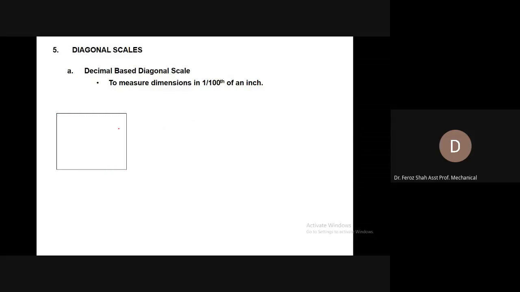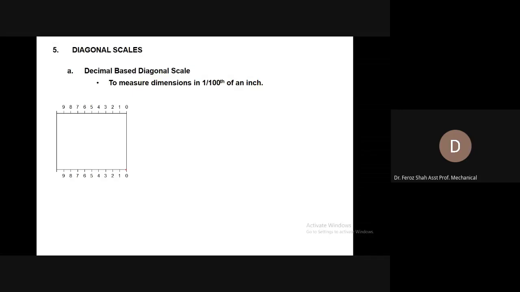So complete the figure. Now divide this horizontal line into 10 equal divisions with the hit and trial method, because 8 equal divisions can be done with the perpendicular bisection method, but 10 divisions cannot.